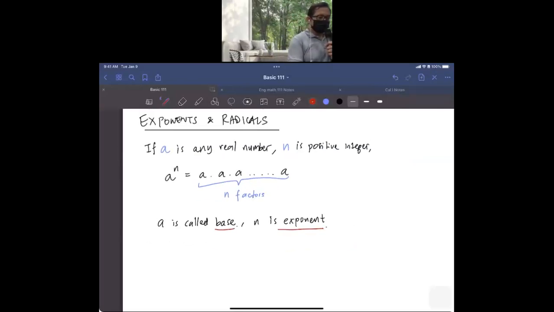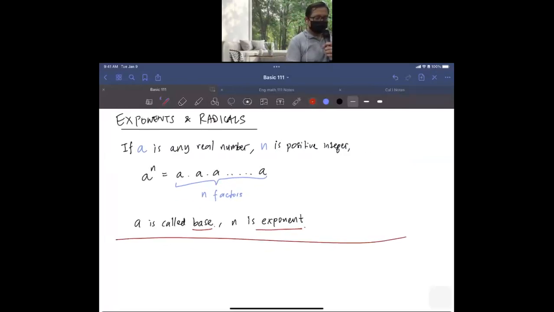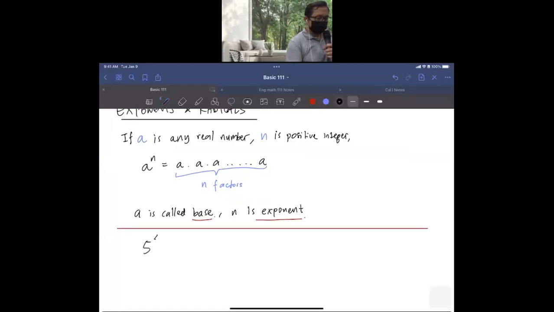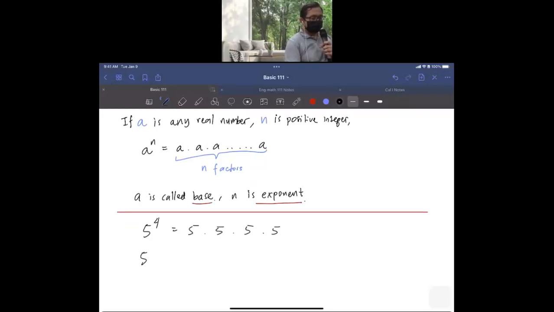So if you want to prove, for example, I have 5 with power of 4. This means 5 times 5 times 5 times 5. And I have 5 with power of 2, this is just 5 times 5.